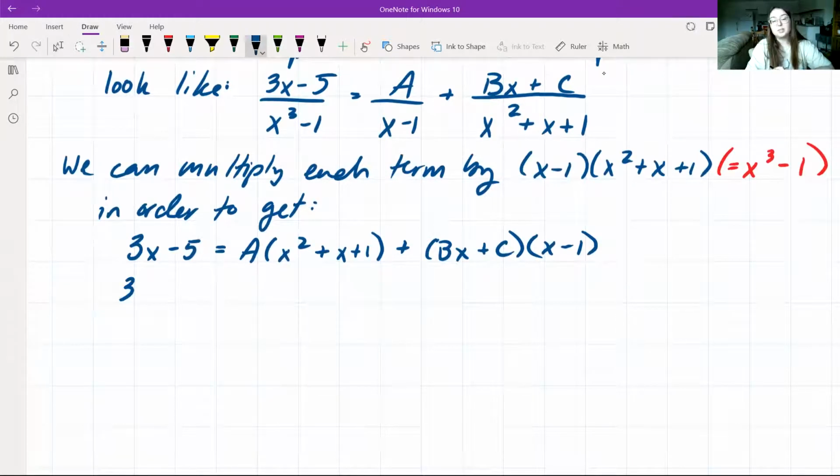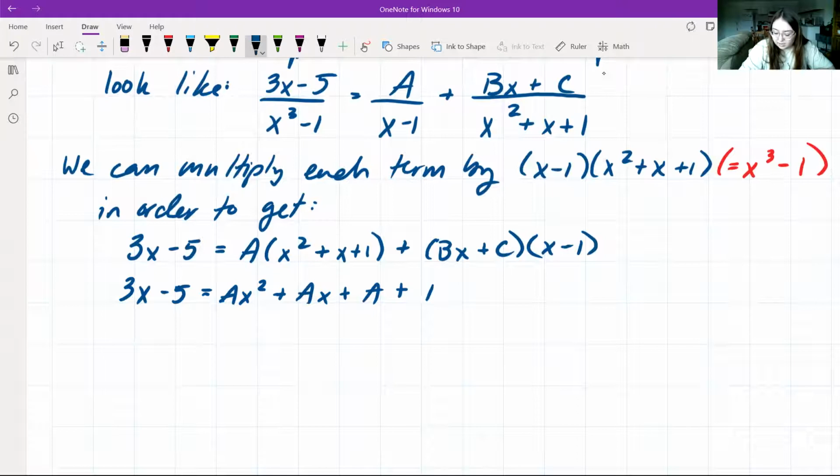We want our terms to now be separated into terms of x squared, x's, and then constants. So we still have 3x minus 5, and we can distribute our A. Now we get A x squared plus Ax plus A. Plus, now we want to multiply Bx plus C times x minus 1. This gives us Bx squared minus Bx plus Cx minus C.